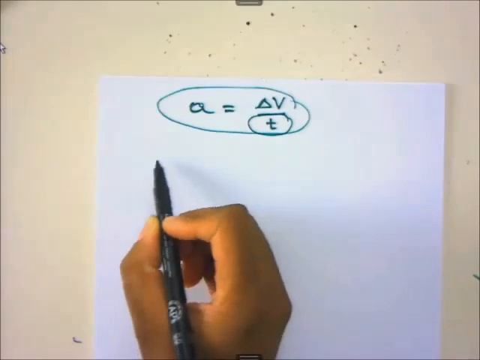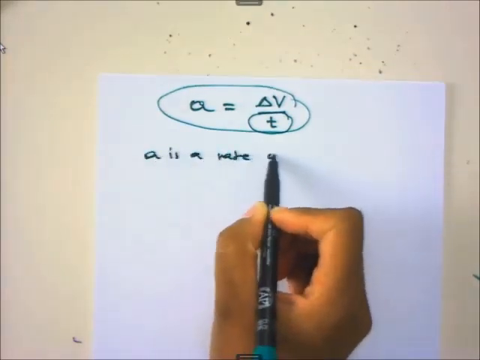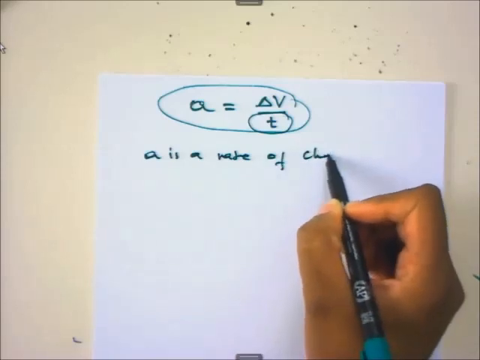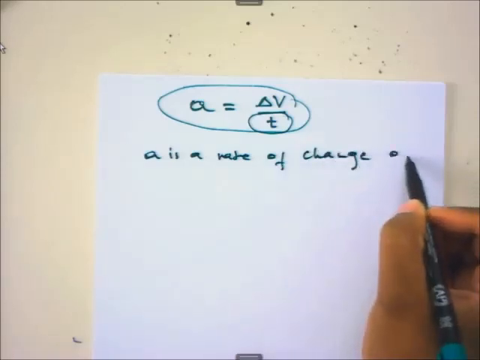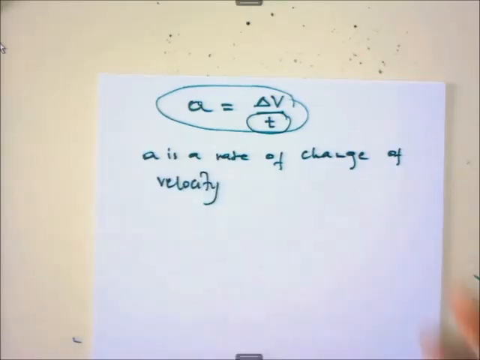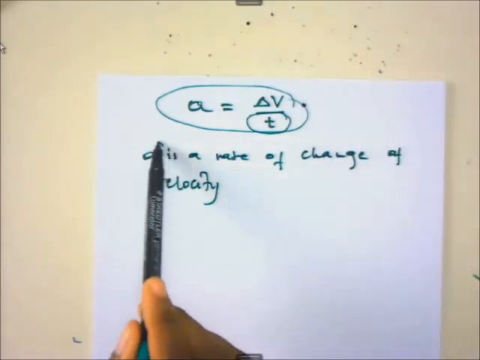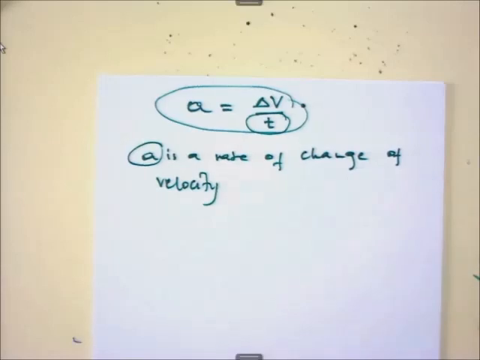You must know that acceleration is a rate of change of velocity. That is the definition. Even if you forgot it in the exam, knowing the equation will help you derive acceleration as the rate of change of velocity. Then you get the full 2 marks.